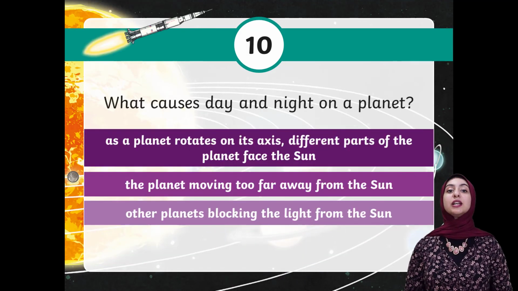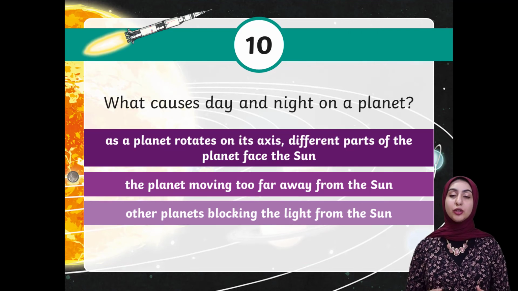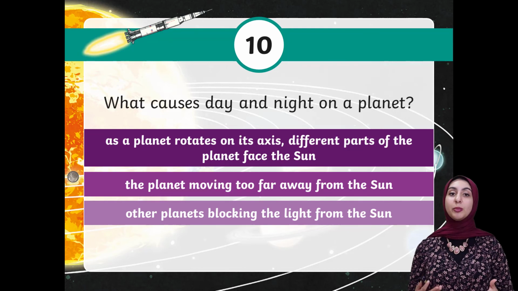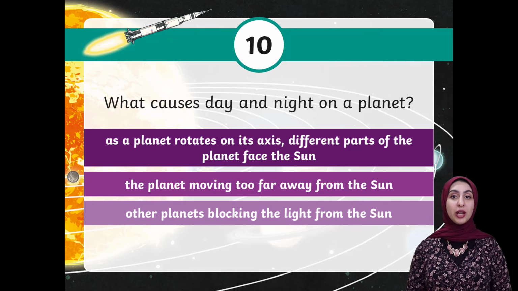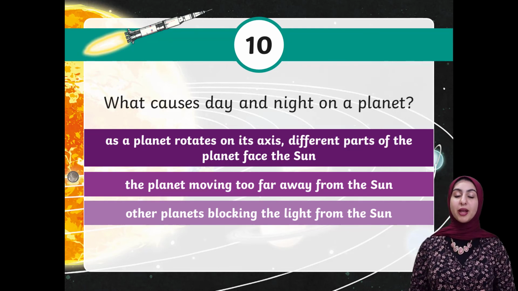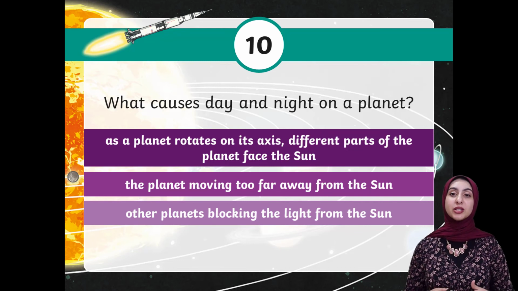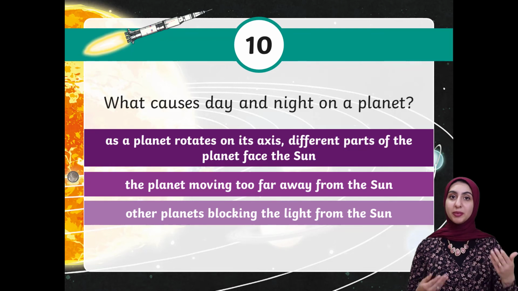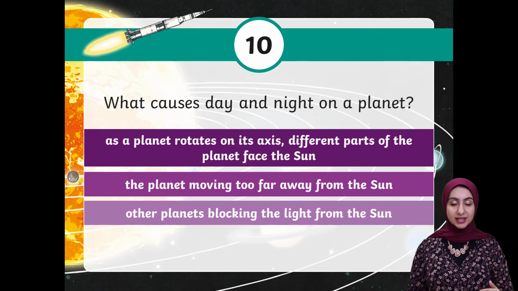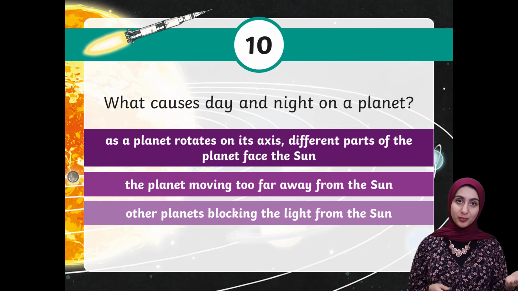As a planet rotates on its axis, different parts of the planet face the Sun, or the planet moving too far away from the Sun, or other planets blocking the light from the Sun? Yes, of course, as a planet rotates on its axis, different parts of the planet face the Sun.